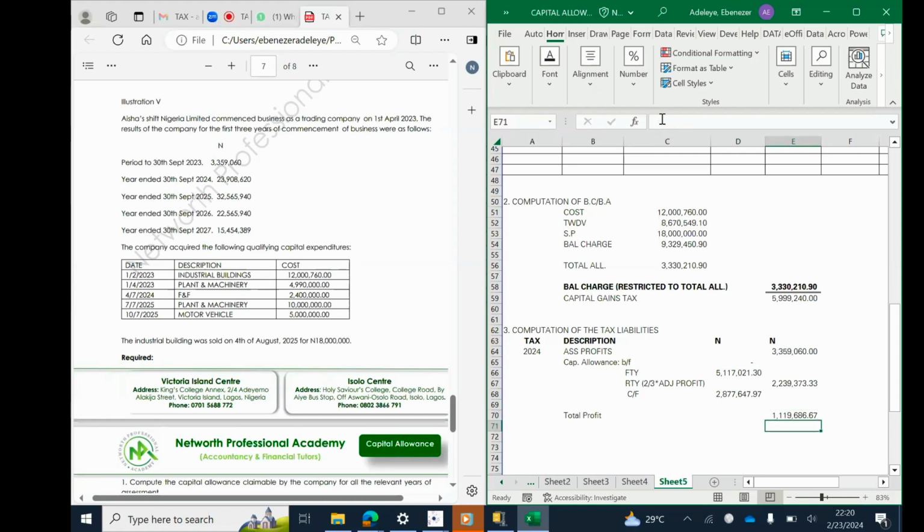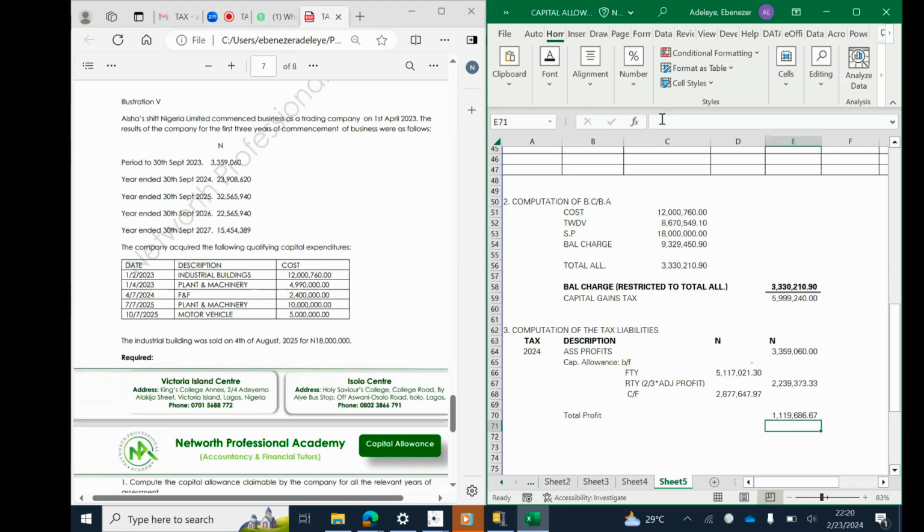Now, please pay attention here. I know we have not gotten to CIT where I will be teaching you the rates and all of those things for computing CIT. But some of you might have the idea.